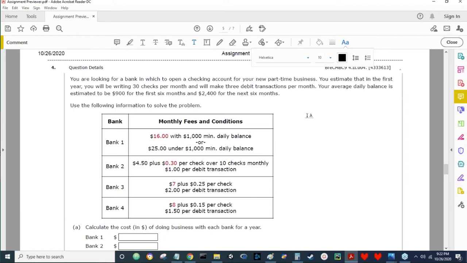So Bank One charges $16 a month. But remember, I'm supposed to be doing it for a year. So I'm going to take that $16 a month, multiply it by 12 months in a year. Oh, sorry. That's times 6 because I just saw this line right here. Sorry, I missed this. We get charged $16 a month when there is a $1,000 minimum daily balance.